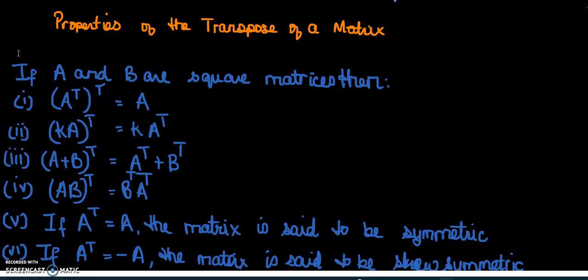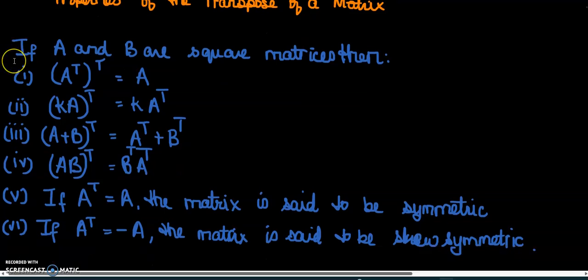A plus B, transposed, is A transpose plus B transpose. 4. The product of two matrices, AB transposed, is equal to B transpose A transpose. And then the last two properties are very significant if you're dealing with vectors in 3 dimensions and vector spaces.